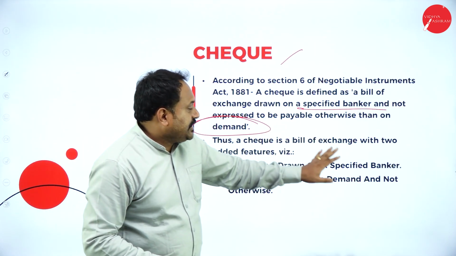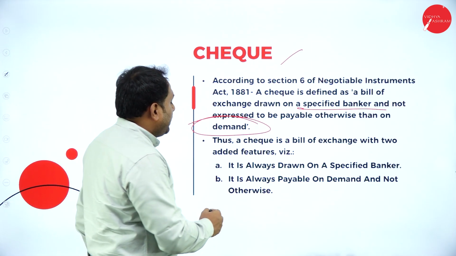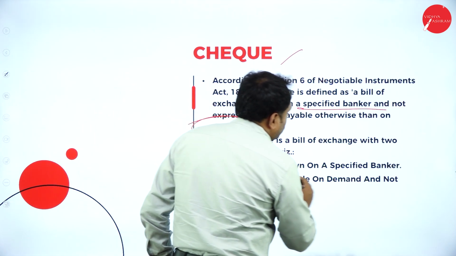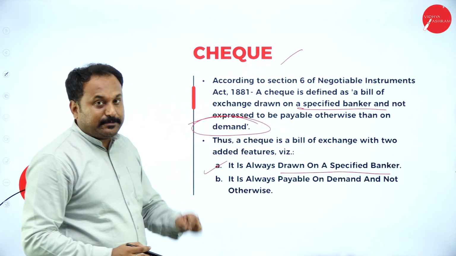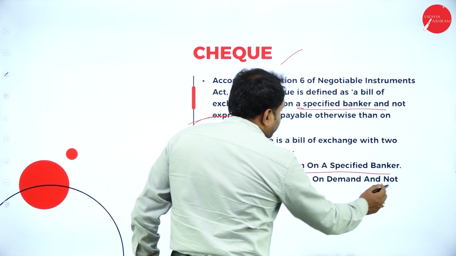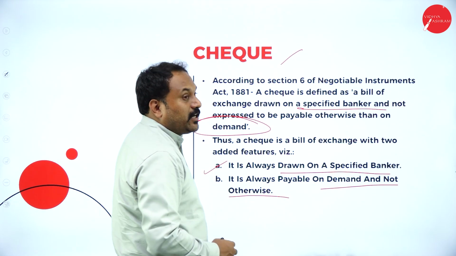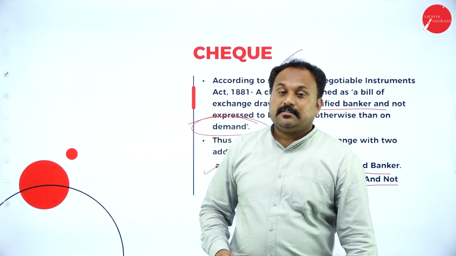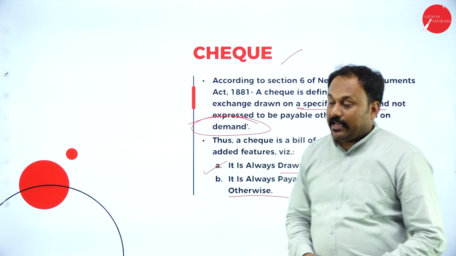Thus, a check is a bill of exchange with two added features. First, it is always drawn on a specified banker. Specified banker, HDFC means HDFC only. Second, it is always payable on demand and not otherwise. So that is a very important feature of a check.